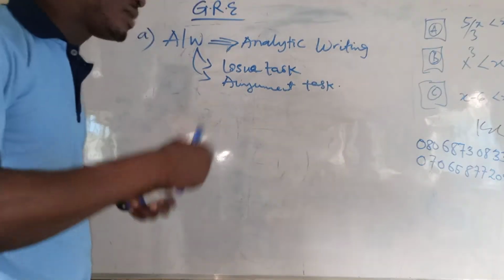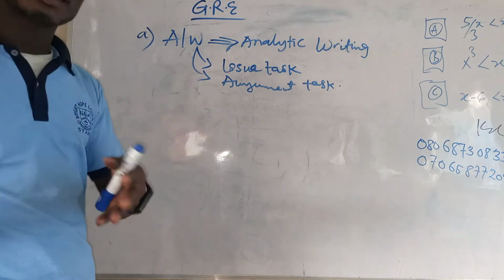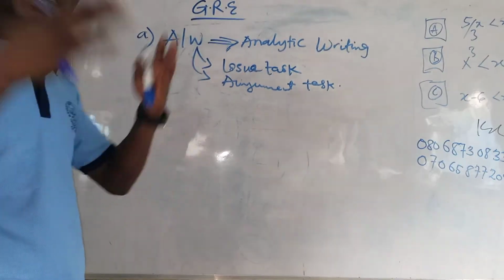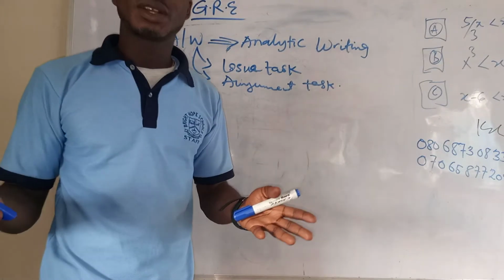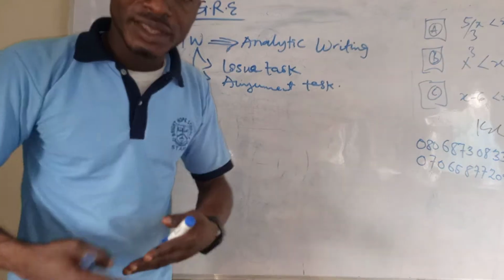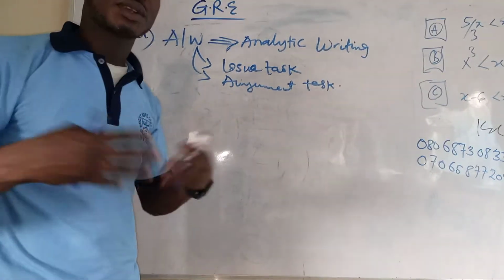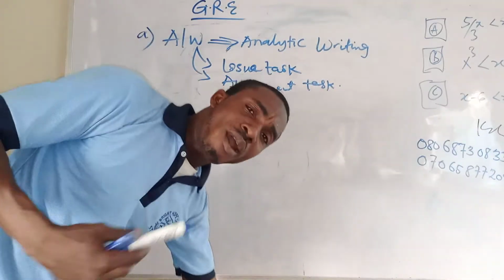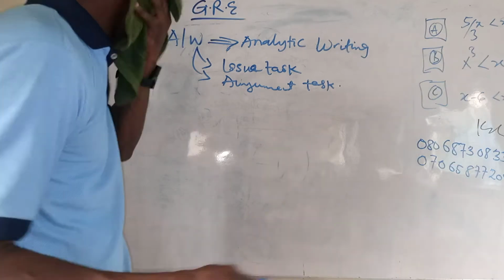It does not test you on whether you are a scientist, an economist, or from arts or commerce. It tests general knowledge, what you can easily write on. For example, talking about the computer: has it improved the way the world thinks or depreciated the thinking of humanity? You can write on whether the computer has come to assist us in thinking well or has depreciated the way we should be reasoning. You can develop on that.